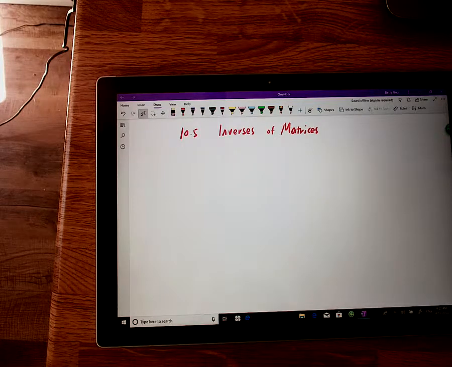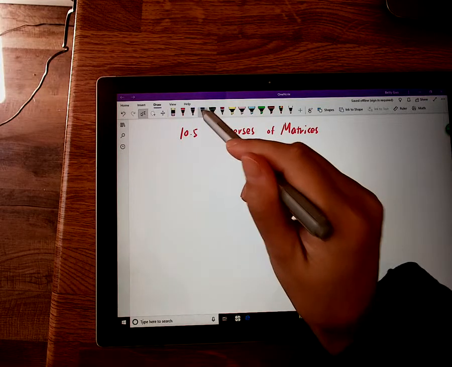Instead, we are going to talk about the inverse of a matrix. So that's section 10.5. We start from the definition of the identity matrix. How do we define an identity matrix?